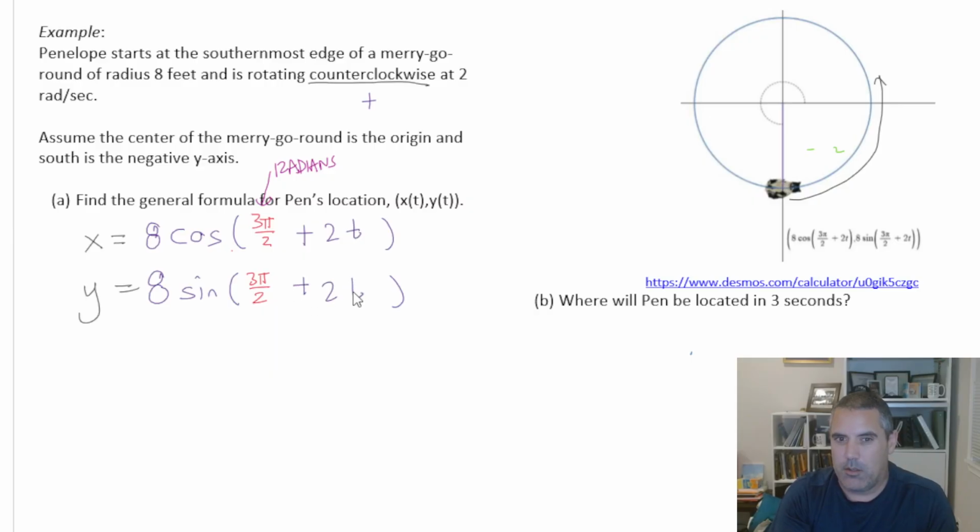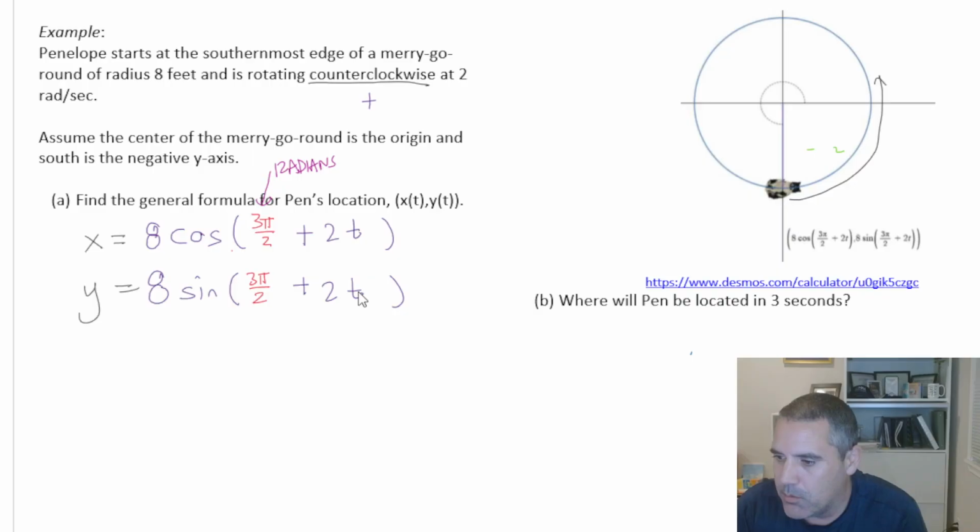So a lot of this, part of this is just knowing where the numbers go. But there are some questions that take this a step further. So if you can't do what we just did, those questions are going to be near impossible. Okay, then the question says plug in 3. That's it. Then we'll know where Penelope is in 3 seconds. So let's do it 8 times, and we'll double check it. Now I need to be in radians.